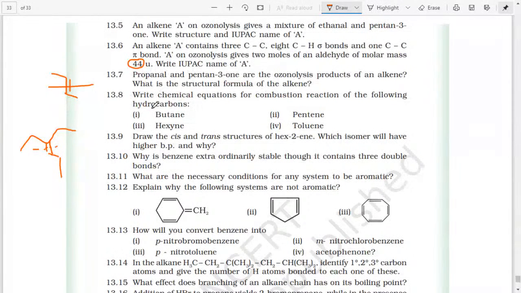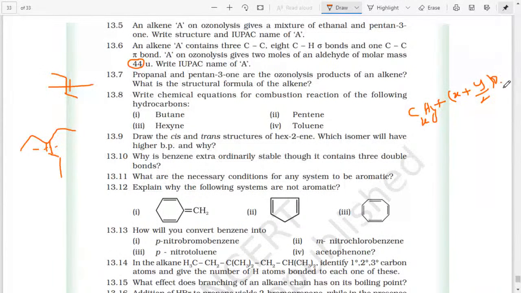Write chemical equations for combustion reaction of the following hydrocarbon. Just now what I said. So the combustion formula is CxHy plus (x plus y by 4) oxygen.